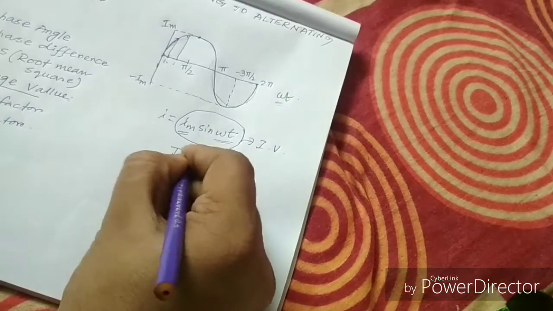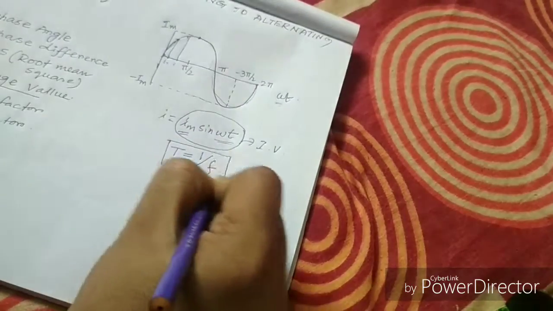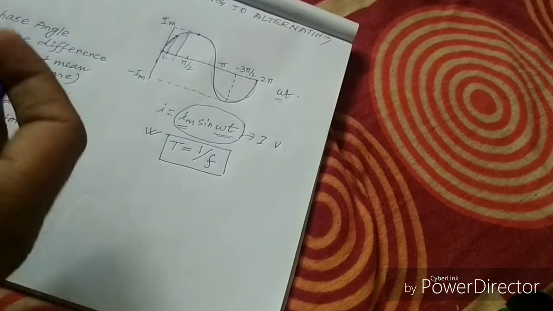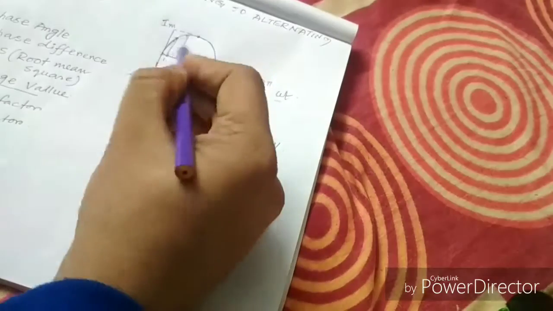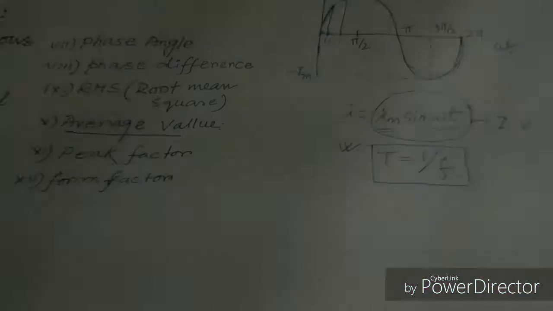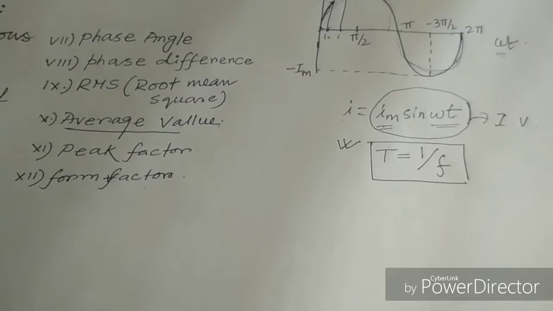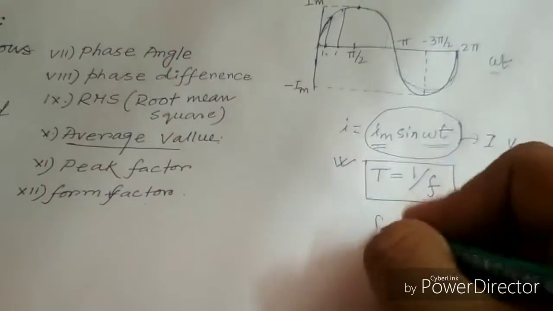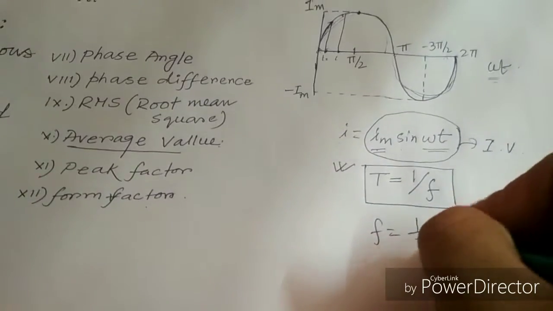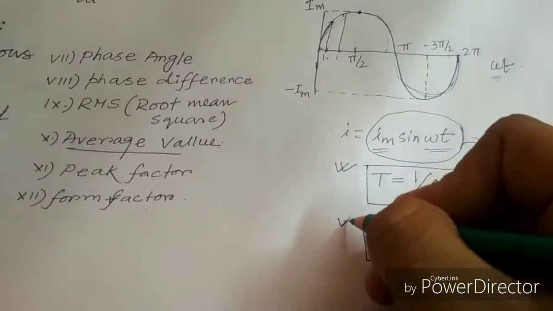This time period is known as 1 by frequency. The time required to complete a total cycle, positive and negative. Then what is frequency? The number of cycles per second is called the frequency of the alternating quantity, and its unit is hertz. So f equals 1 by T, the number of cycles per unit time.